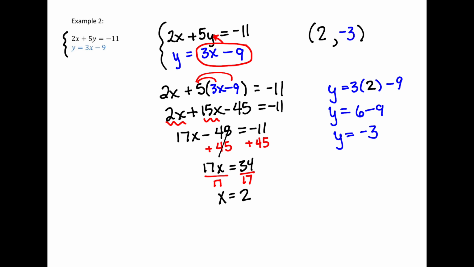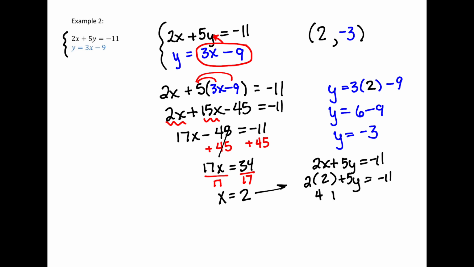Okay, let me show you in the black equation instead of the blue one. Okay, so I'm going to do it just underneath here. 2x add 5y equals negative 11, but x is 2, right? From this. Add 5y equals negative 11.